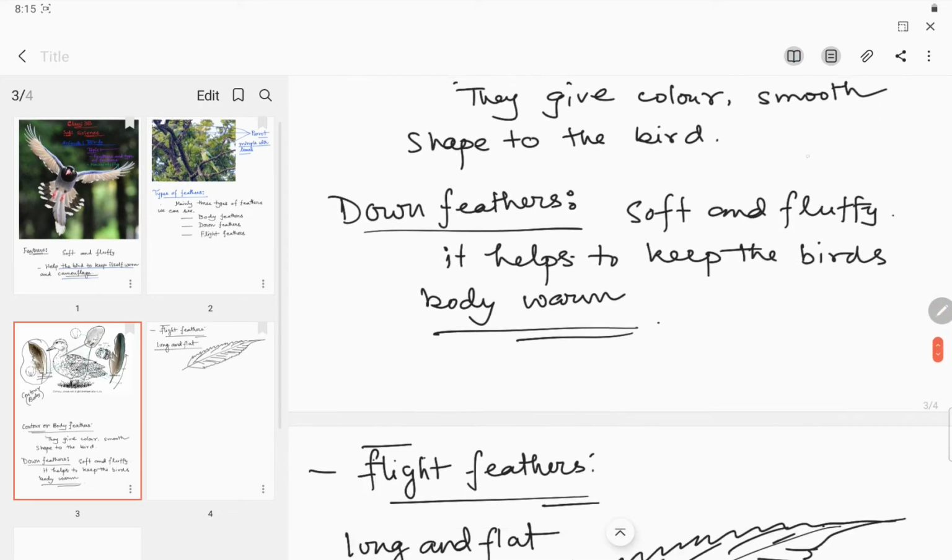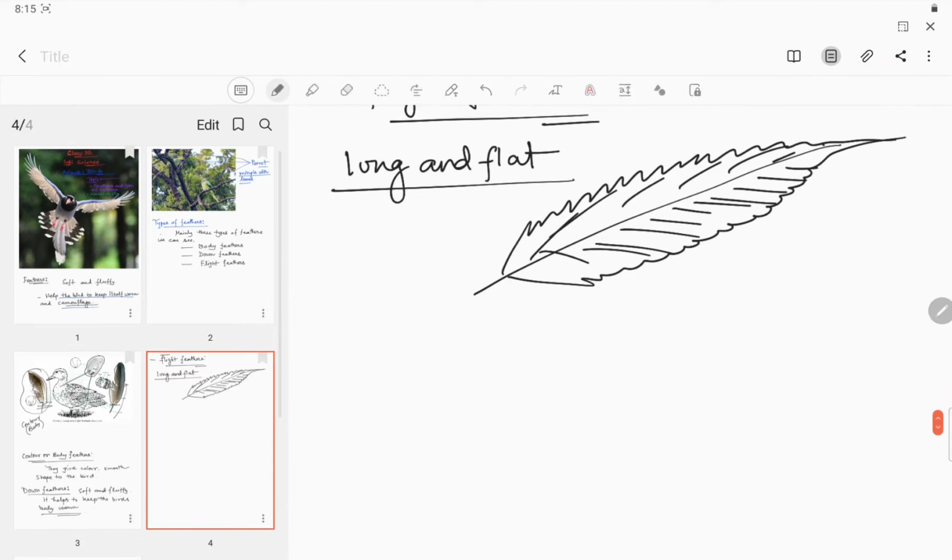Wing feathers are strong and used in flapping. Tail feathers help the bird to change its direction during flight. You can see this type of feathers not only in the tail, you can see these feathers in the wings also.